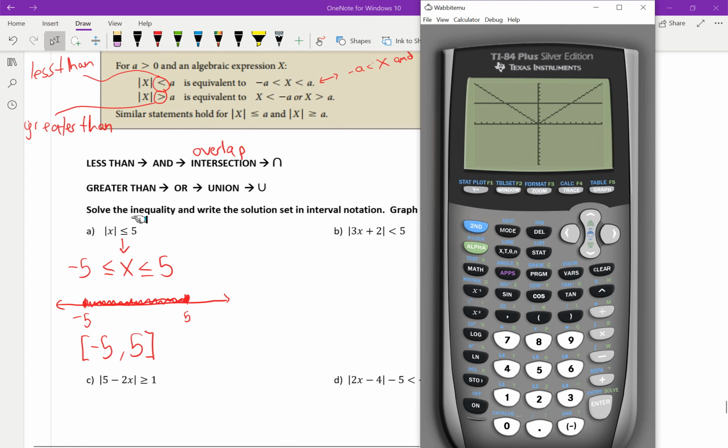Well, the horizontal line is above the V only between negative 5 and positive 5, so only for values of x that are between negative 5 and positive 5, including negative 5 and positive 5. That would be one way of thinking about this. When is one graph on top of the other one? That's what inequalities are asking us.